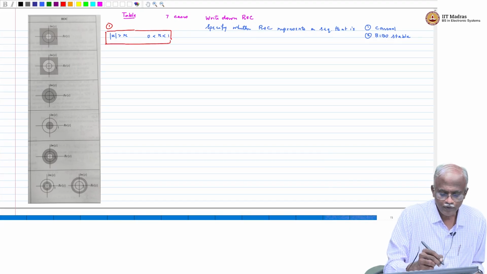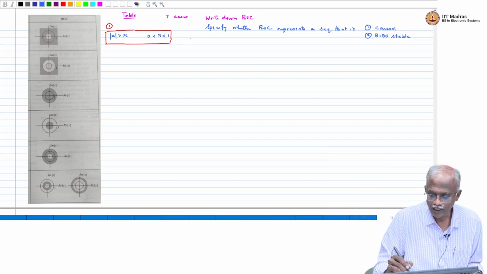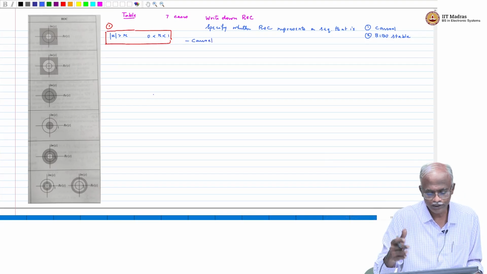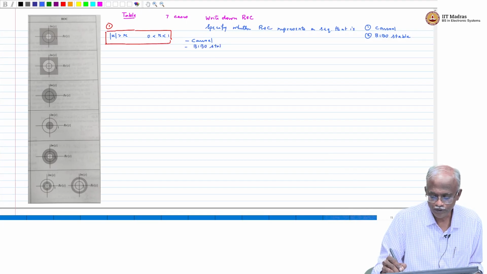Okay, so since it's a right-sided sequence, we can say that it is causal. You can say that this ROC represents a sequence that is causal, and because it includes the unit circle, we can also say that the sequence that it represents will also be bibostable.